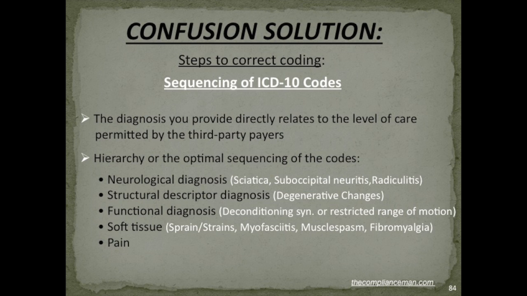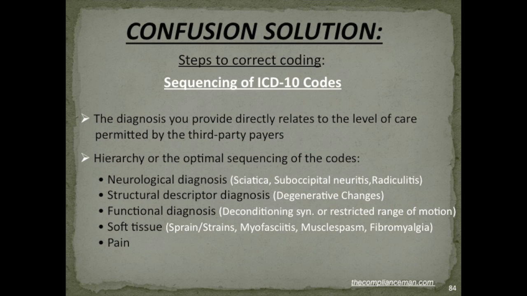So on this slide, you will see the hierarchy or the optimal sequencing of the codes. The first would be the neurological diagnosis, such as sciatica or suboccipital neuritis or radiculitis, or possibly a disc disorder. The next would be structural, which would be degenerative disc disease.